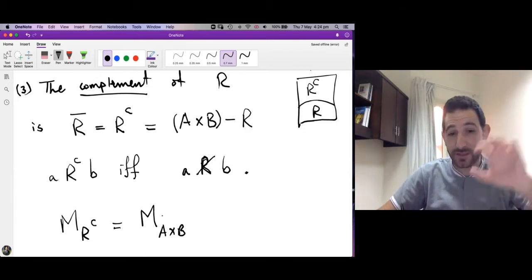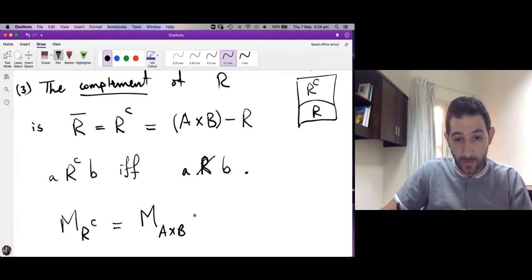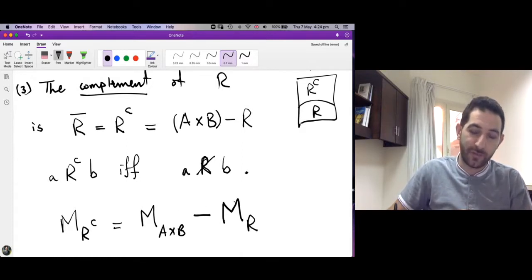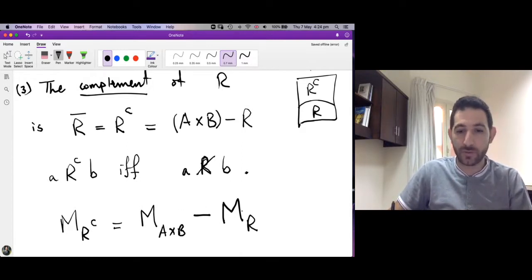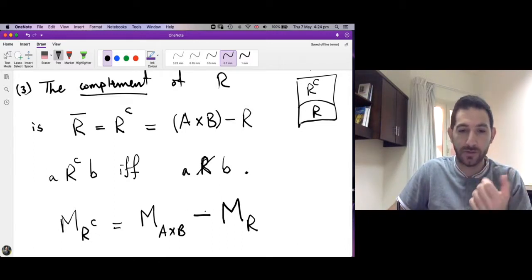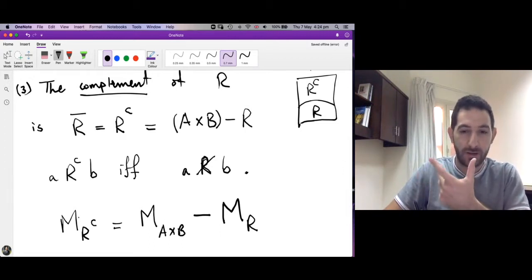So here we have a matrix whose entries are all ones, minus the matrix MR. So if we have 1 in MR, then 1 minus 1 will be 0. So we will swap 1 to 0. And if we have 0 in MR, which means A is not related to B, then 1 minus 0 is 1. So it will be 1 in MRC, which means the unrelated pair will become related in the complement.